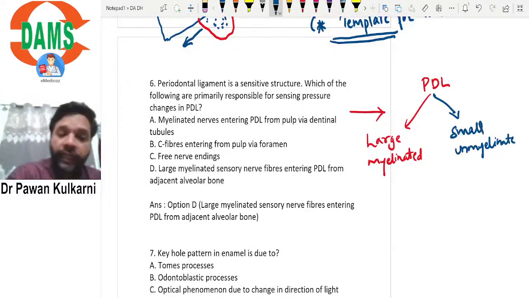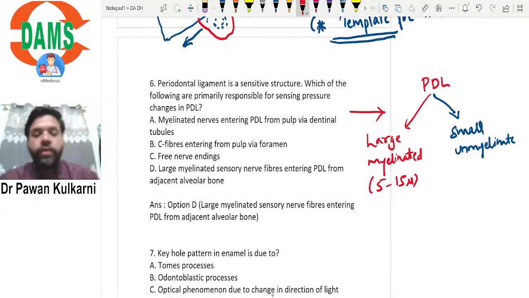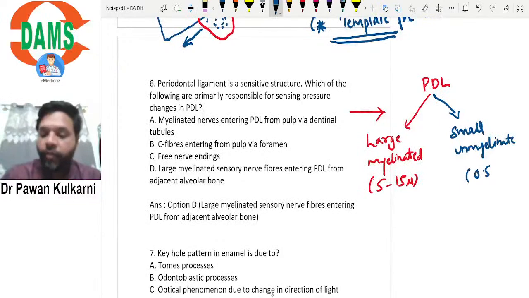When we talk about large and small, we have to be very specific here. Large means 5 to 15 microns. Small means 0.5 microns.